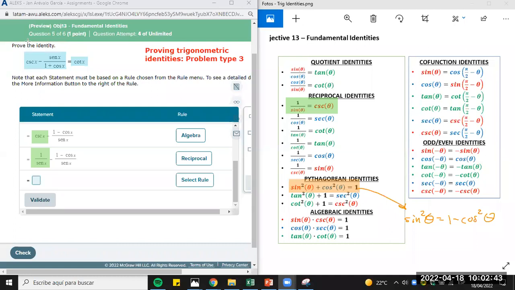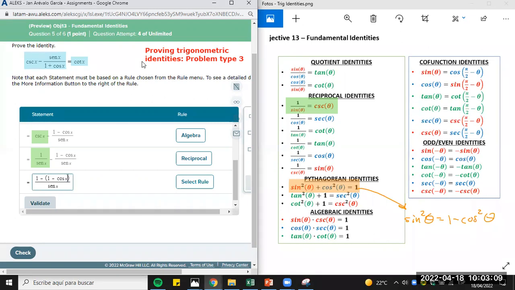Now, when you have an addition or a subtraction with the same denominator, you can express that thing as a single fraction with the same denominator, right? Sine of x. And in the numerator, we will have 1 minus, be careful with that negative sign, 1 minus cosine of x.